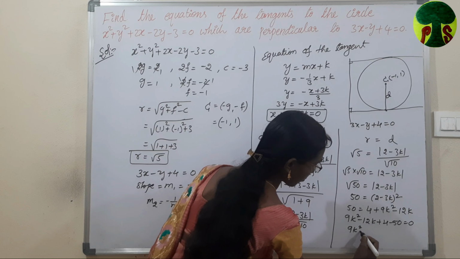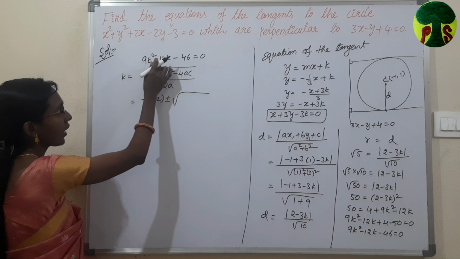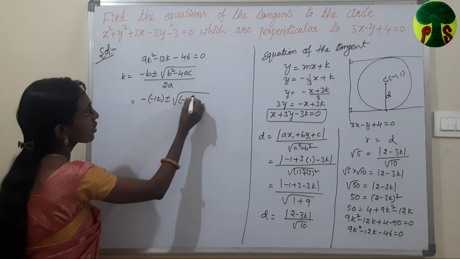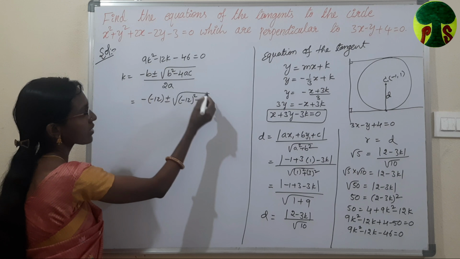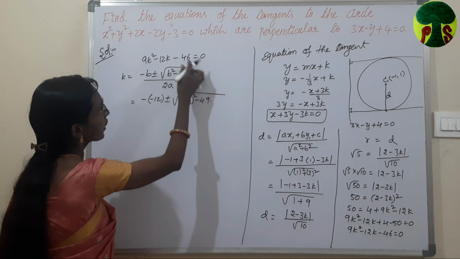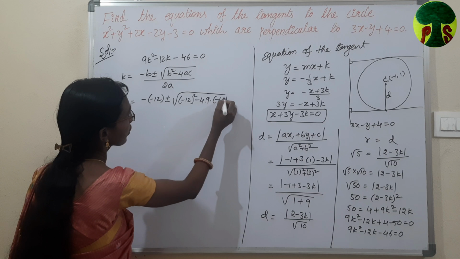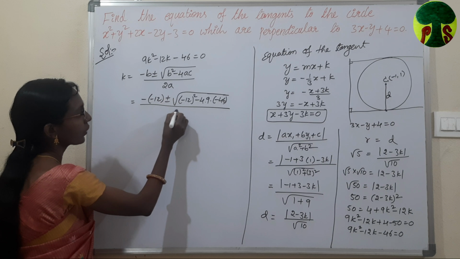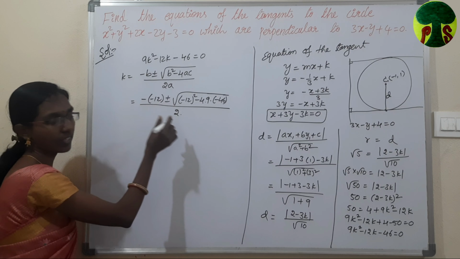So I am using minus b: k is equal to minus b plus or minus square root of b square minus 4ac by 2a, which is equal to minus, here in the place of b we have minus 12, so minus of minus 12, plus or minus square root of minus 12 whole square minus 4 into the value of a, which is 9, into the value of c, which is minus 46, divided by 2 into the value of a, which is 9.